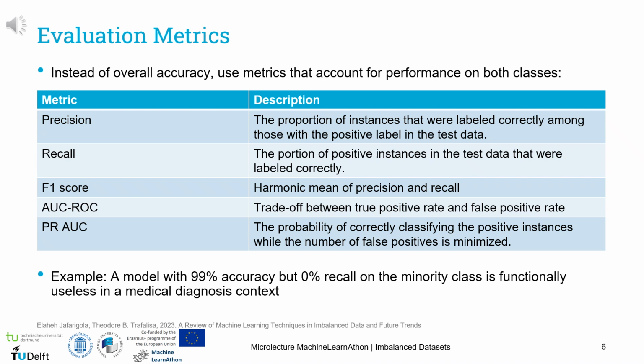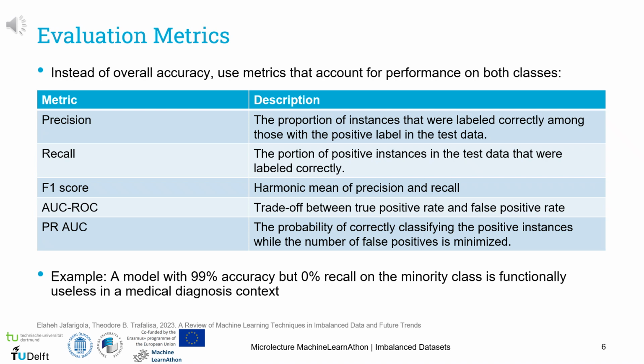Luckily, there are quite a few evaluation metrics which you can use apart from accuracy. One would be the precision, which is basically the proportion of instances that were labeled correctly among those with positive labels in the test data. You could also use the recall, which is the proportion of positive instances in the test data that were labeled correctly.